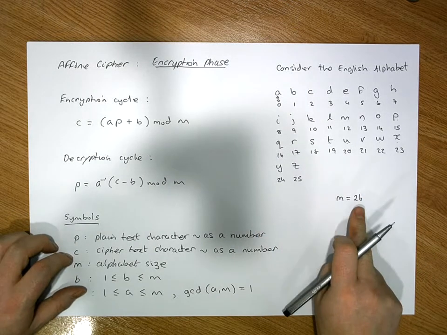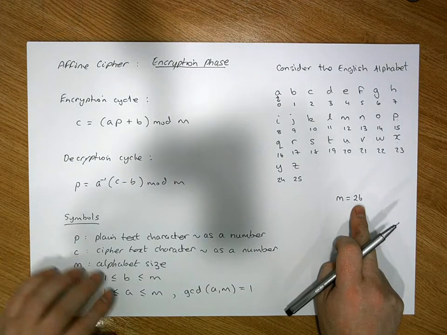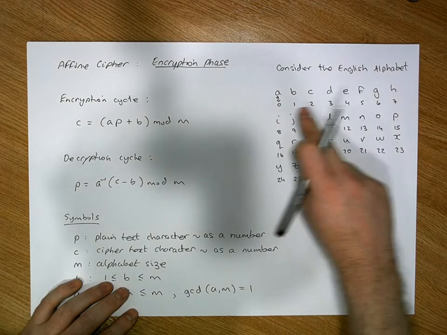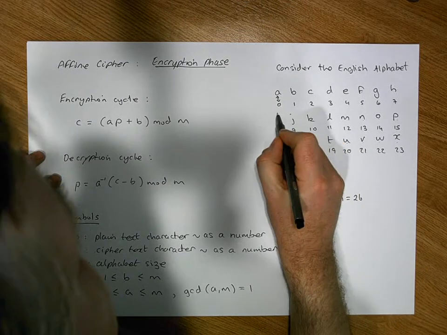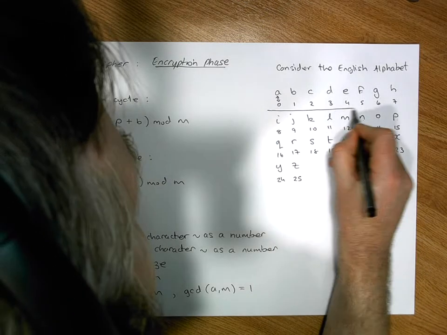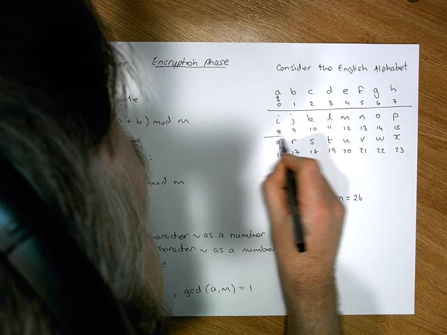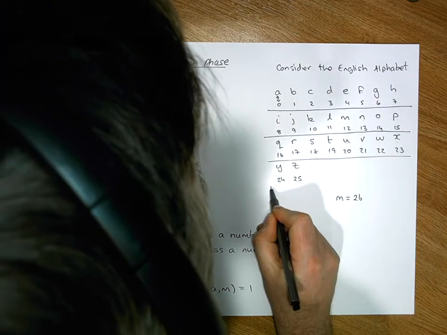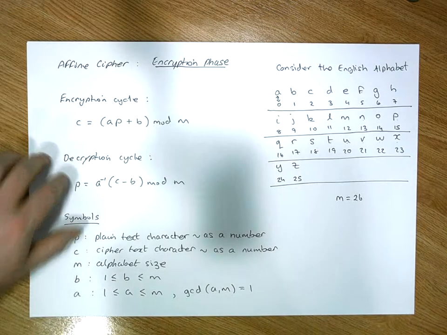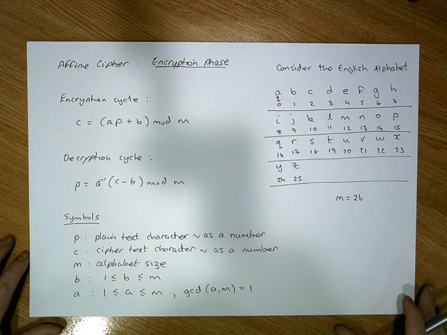Although we have 26 characters, we start counting from 0 through to 25, which still gives us 26 characters. I'll put a line through here to separate off these encodings. So this is our alphabet and each character's numerical representation.